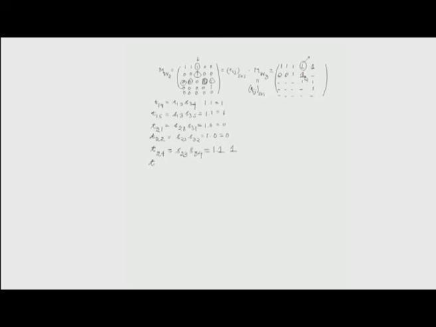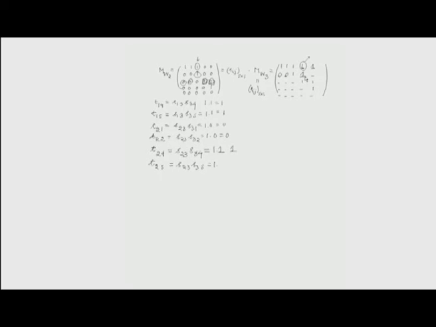So, we go now to the element T25. This element is S23 and S35. Now, S23, as we have seen that it is 1, we have to search what is S35.